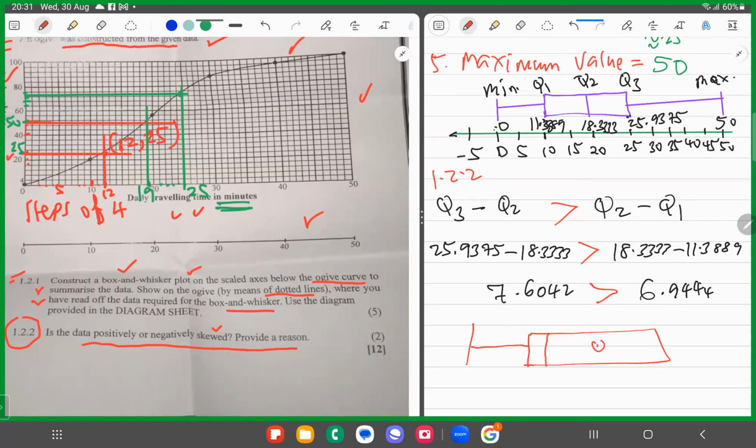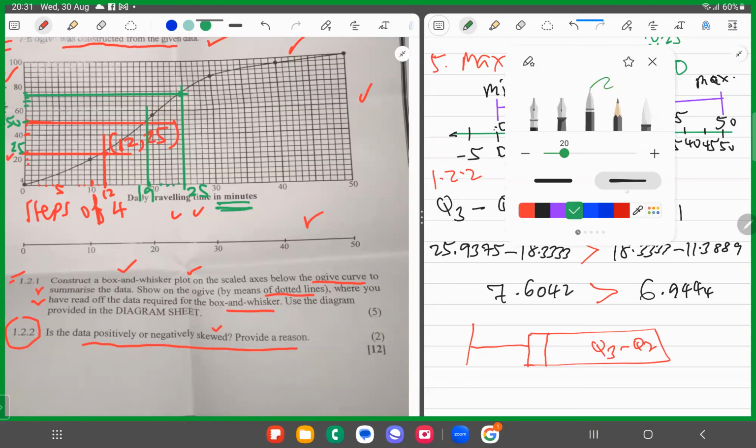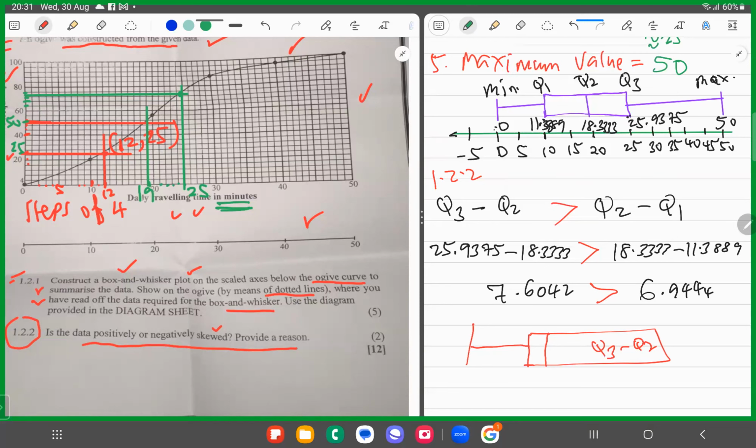So here you have Q3 minus Q2, and here you have Q2 minus Q1.